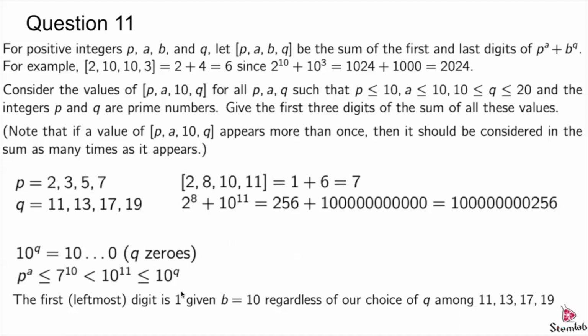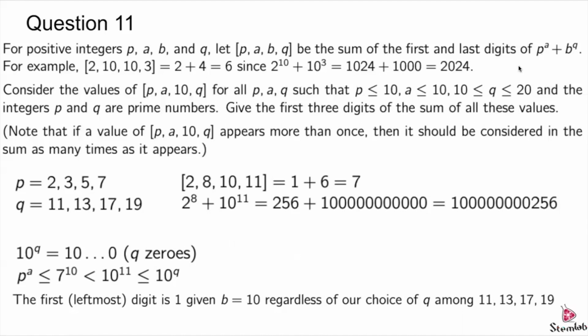So our job becomes a little bit simpler, and it's a question of finding the units digit of P to the A. We find the units digit of P to the A, add 1, and that's 1 value.